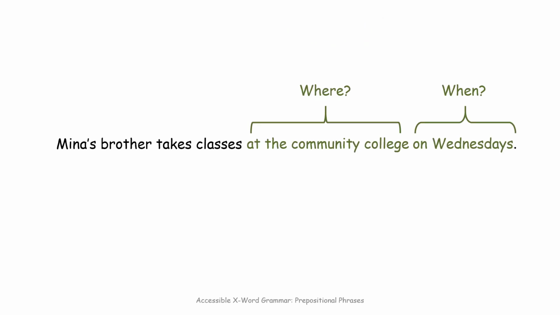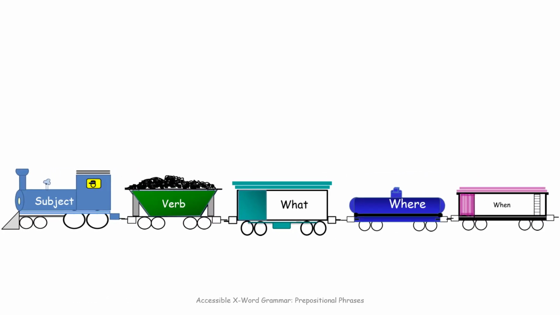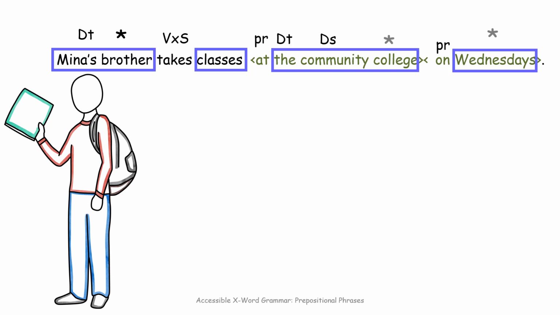Mina's brother takes classes at the community college on Wednesdays. This is the correct order. Do you remember the English train? In a typical English sentence, we have subject, verb, object, where, and when, in that order. Now you know the job of every word in this sentence and the order each should go in.